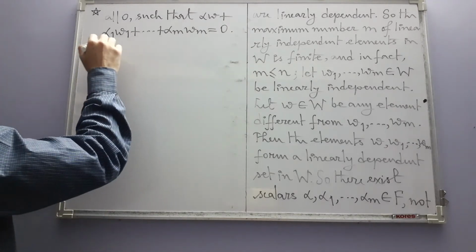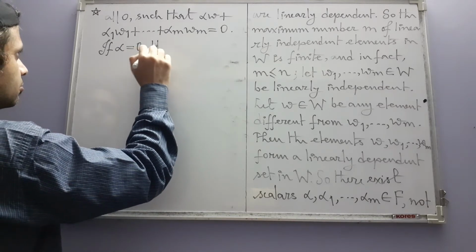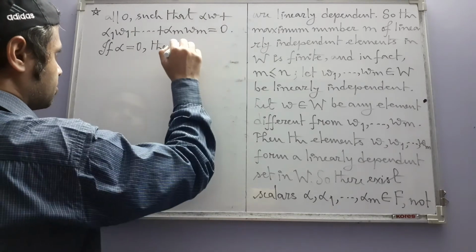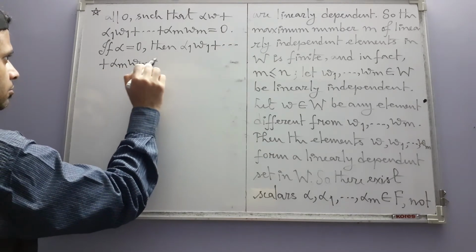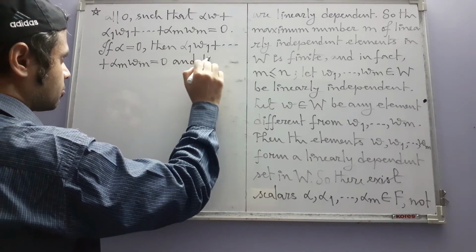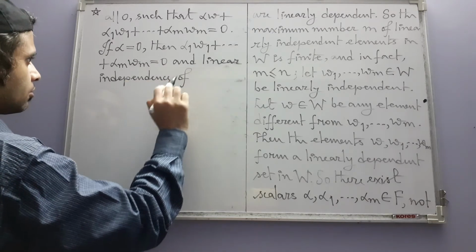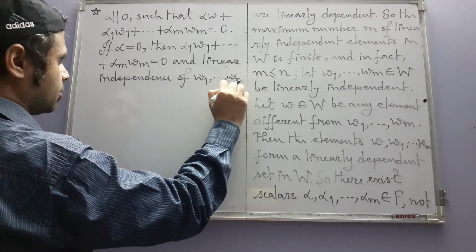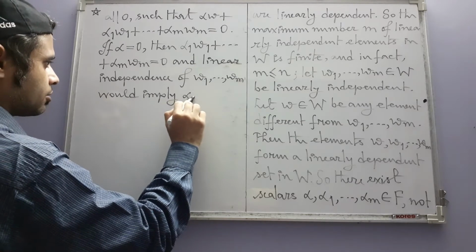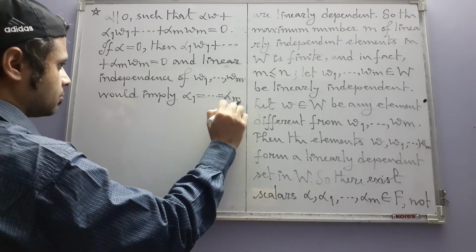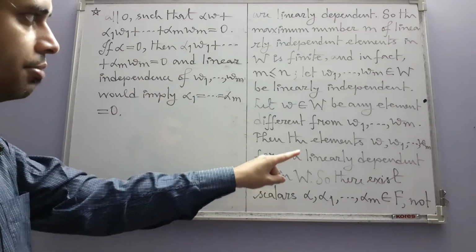If this particular scalar alpha is equal to 0, then this equation becomes a linear combination of the wi's equal to 0, and linear independence of the wi's would then imply that all the alpha i's are 0, because now this new linear combination involves only the wi's, which are linearly independent according to our choice.